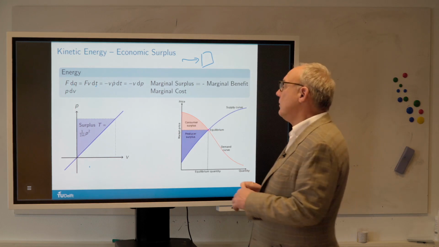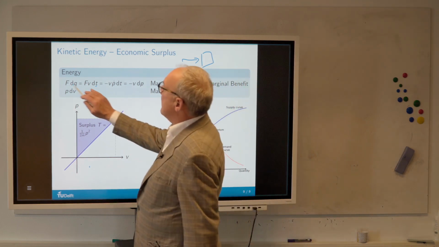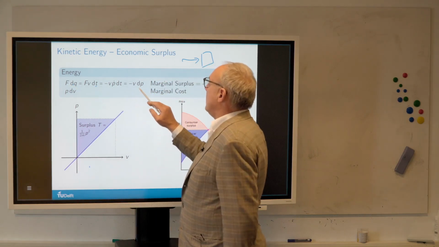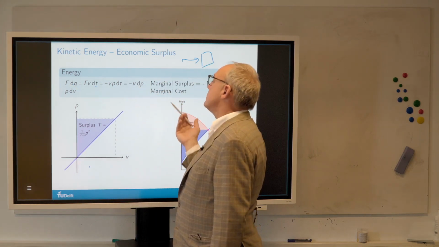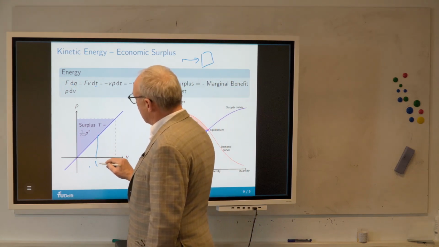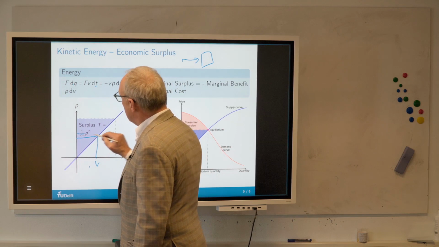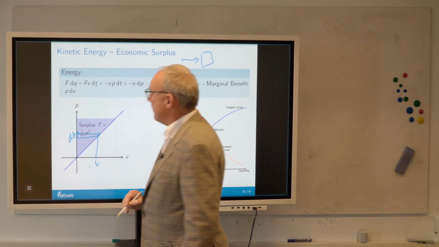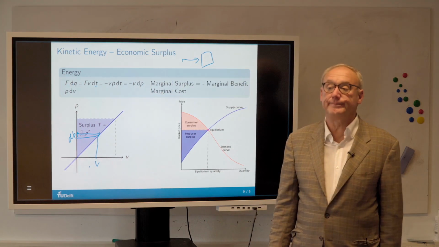But what did we do here economically? We say, well, we have these marginal benefits here, and all of a sudden, we are left with something that is called the surplus. So at any quantity demanded V, we can multiply that by an increase in the price dP, okay?